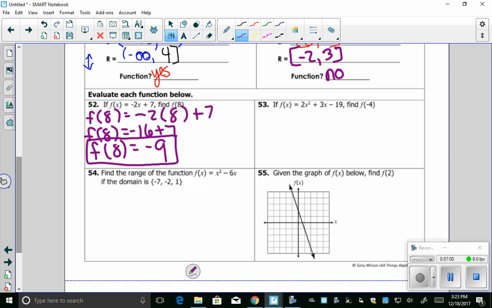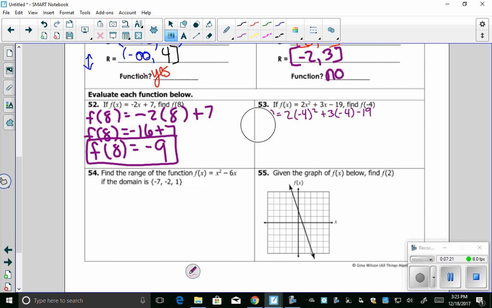Number 53. Same thing. Find f of -4. I have f of x equals 2x squared plus 3x minus 19. I'm sorry, I should have written f of -4 here.